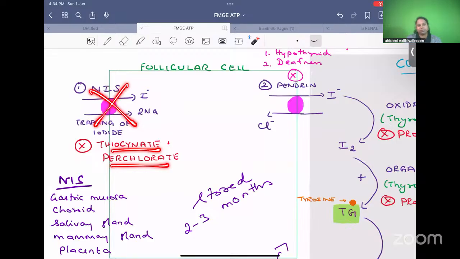Thiocyanate and perchlorate. So if you block this first step, you can use these drugs in the treatment of which disease? They are used in the treatment of? Yes, hyperthyroidism.